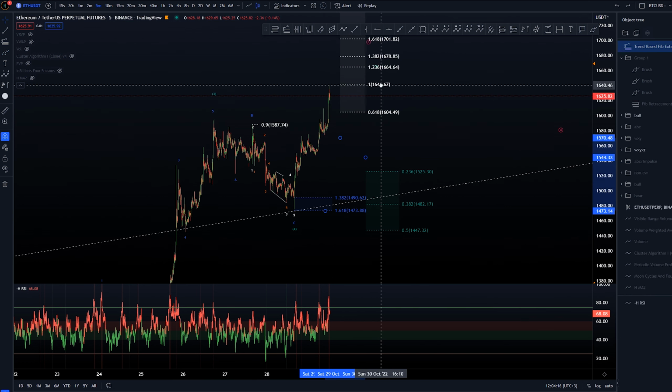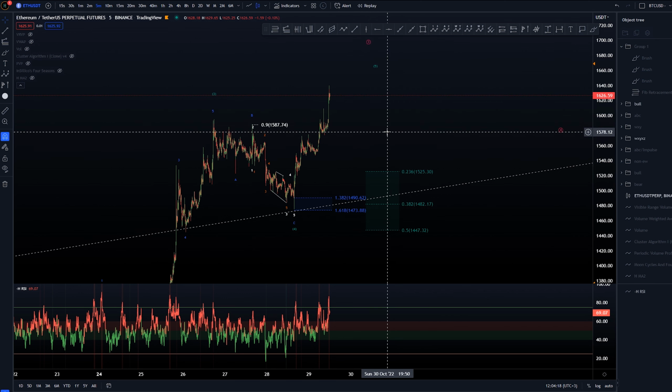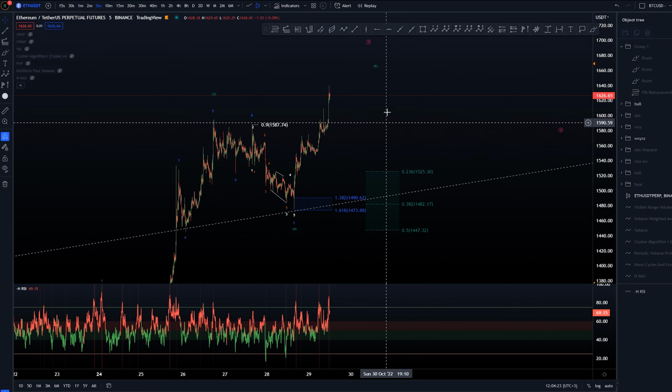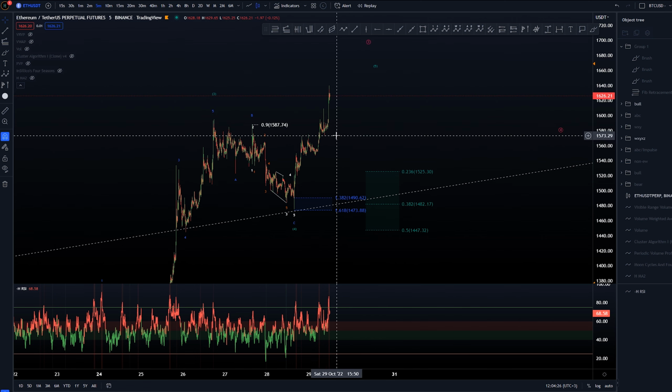So those are the two scenarios I'm actually looking at at the moment, and this is probably the only thing that I'm looking at carefully on ETH at the moment.